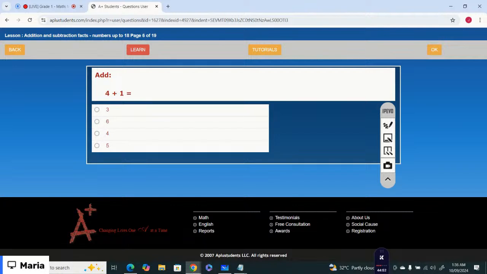So which is the correct option? Yes, 5 is the correct option. 4 plus 1 is 5.